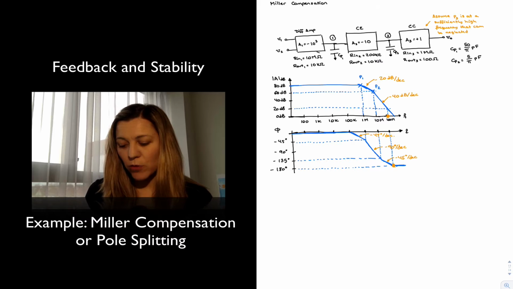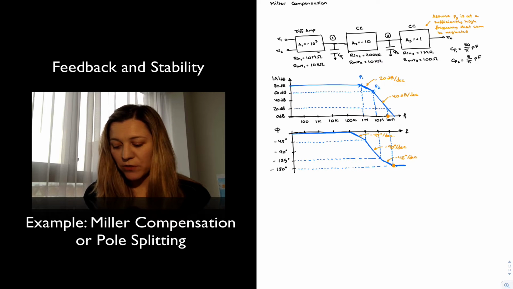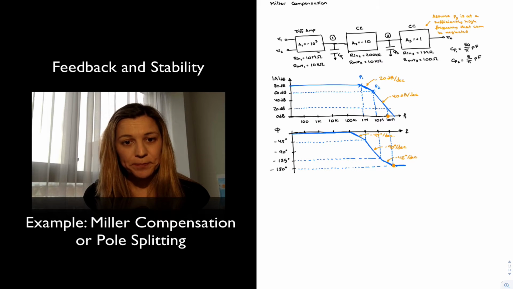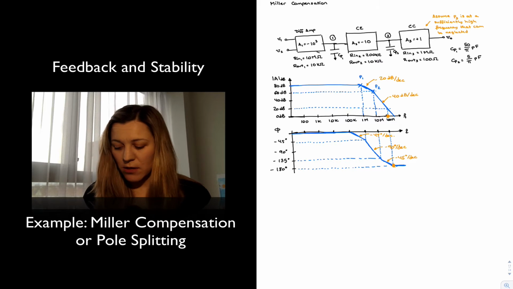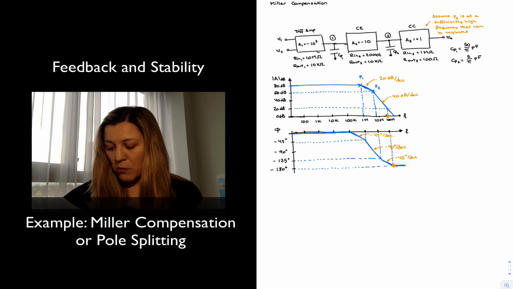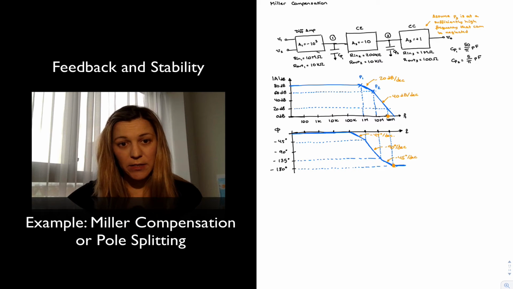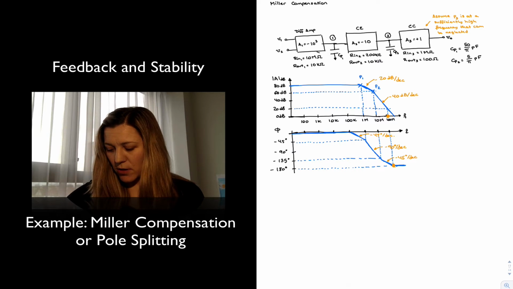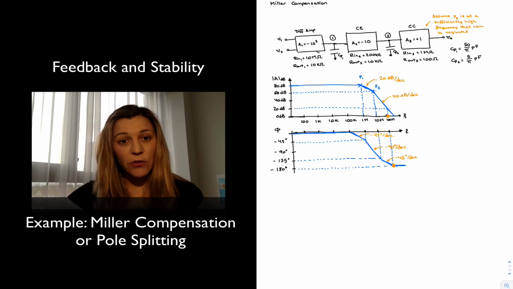In essence, what we are going to do is shift the location of pole P1 to the left, because we have seen that basically our system was unstable because by the time we reach the 180 degrees phase shift, our gain is still greater than 1, greater than 0 dBs.